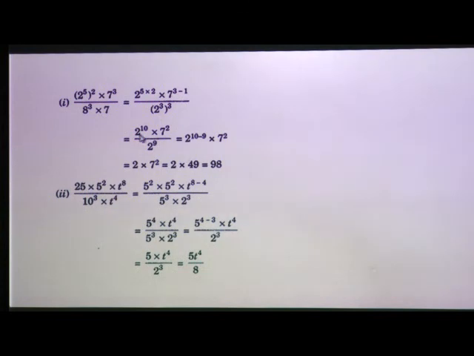So, now you will find some bases common, so it is 2 raised to the power of 10 minus 9 into 7 square. So, 2 to the power of 10 minus 9 is 1. So, you can write as 2 into 7 square. What is 7 square? It is 49. So, you multiply 2 into 49, then 98.